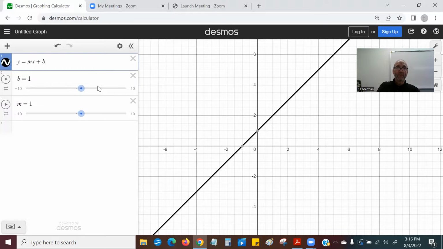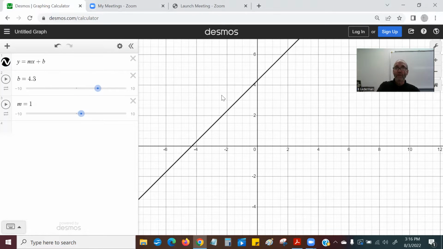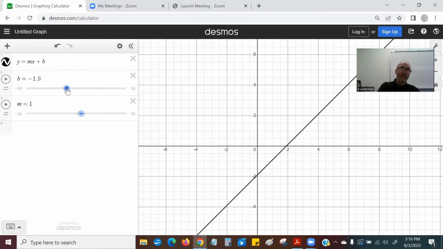If I let b equal 4.3, the line is going to hit the y-axis at 4.3. So the line is always going to hit the y-axis at the b point. And of course, if b is a negative number, like -1.9, it's going to hit the y-axis at -1.9. So that's always the way this works.